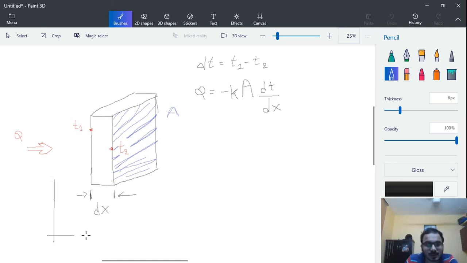If you draw the axis, this will be our x and this will be our y. So heat is not flowing in y direction, nor heat is flowing in the z direction. Okay, so in this way it is working.